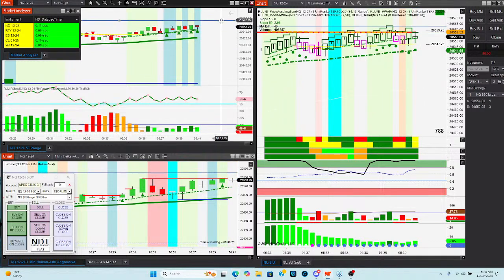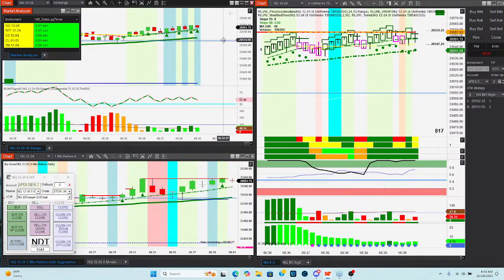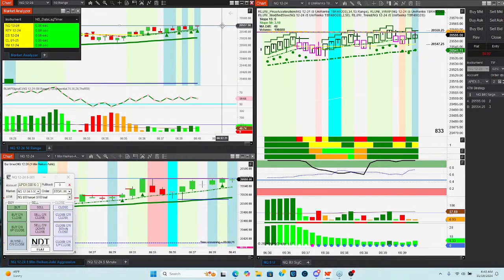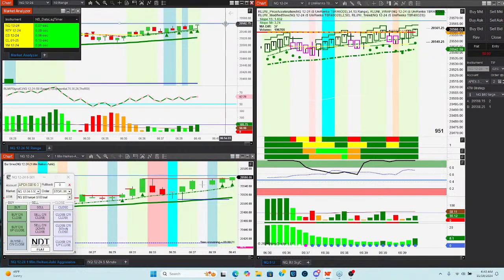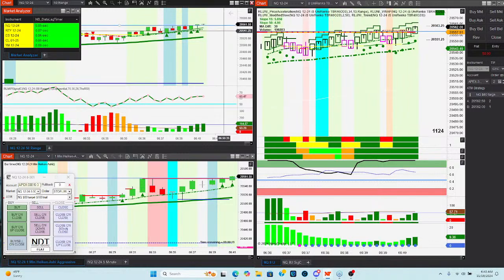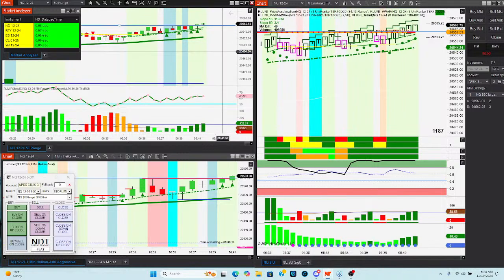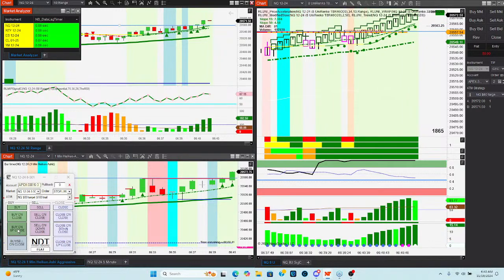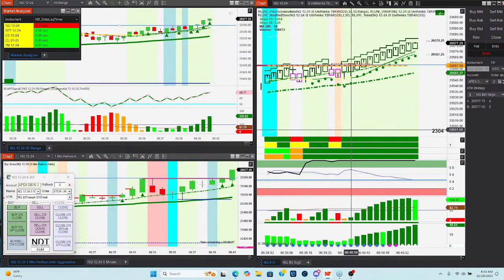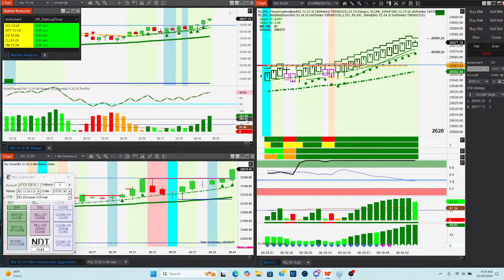And this line right here is just a discretionary line. There's two lines that I've drawn on here. One is this that I move around. Looks like I missed that one. I need a big pullback here.